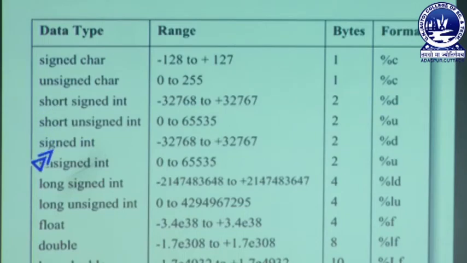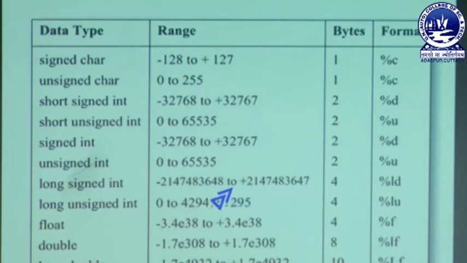Similarly these are some of the data types which have these ranges, that means they can store this number of values, and you can see how many bytes they will allocate in the RAM and what is the maximum value they can store.